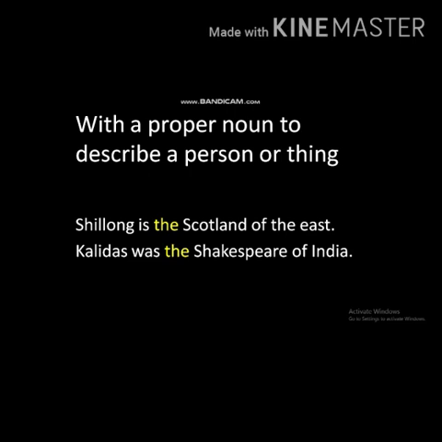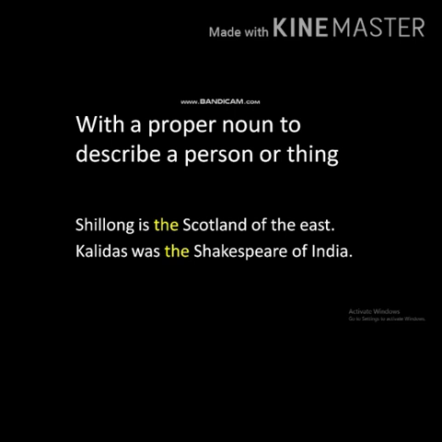Next sentence. Kalidas was the Shakespeare of India. Kalidas was an Indian playwright, and Shakespeare was a famous English playwright. So there is a comparison between Kalidas and Shakespeare in this sentence.